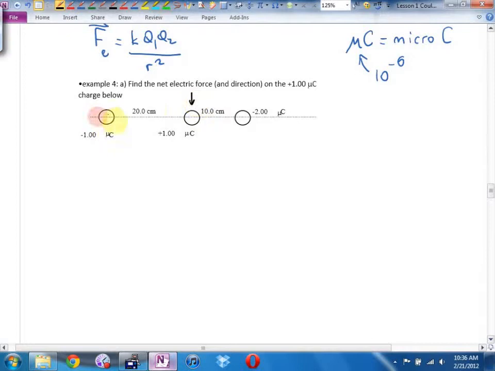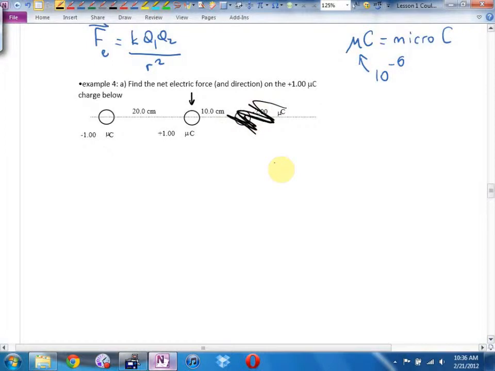How many charges are there in this diagram? 3. How many charges are there in this equation? 2. Here's where we use what we call the principle of superposition. That's a fancy way of saying, temporarily I'm going to pretend that one isn't there.